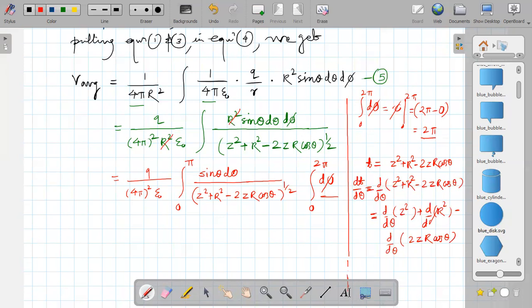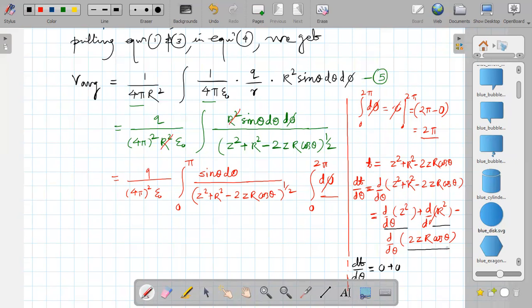Again derivative of r square with respect to theta, again 0. Therefore I will write dt upon d theta equal to 0 plus 0.